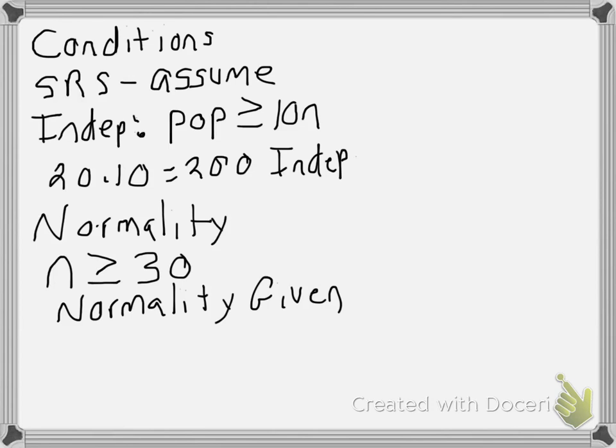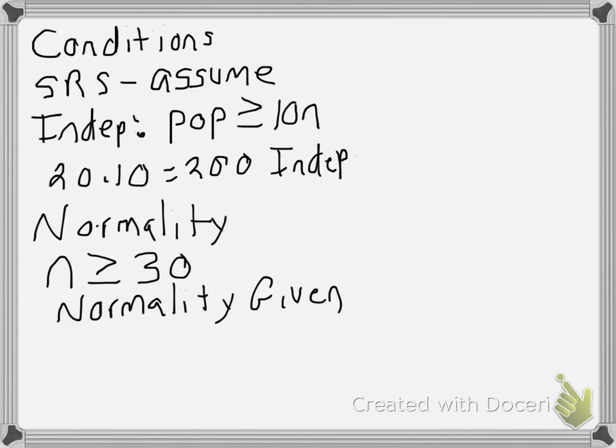Now, do we know the standard deviation? No, we don't know the standard deviation. It says it's not a population standard deviation. It is a what? A sample standard deviation. So it is not sigma, it is S. Since it is not sigma, then we need to do a t-test. If it was sigma, we would do, yes, that's correct, we would do a z-test.